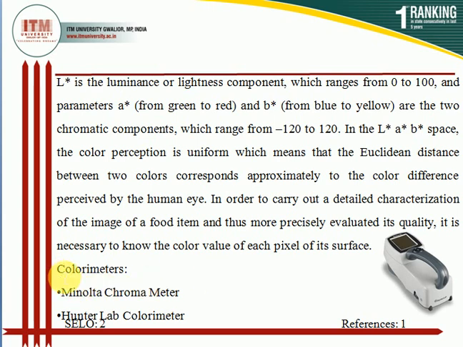Yes, there are different colorimeters, Minolta colorimeter and Hunter Lab color. This is the Hunter Lab colorimeter. There is a handle, and there is a switch here, and you can turn it on. This instrument can be run with the help of electricity.